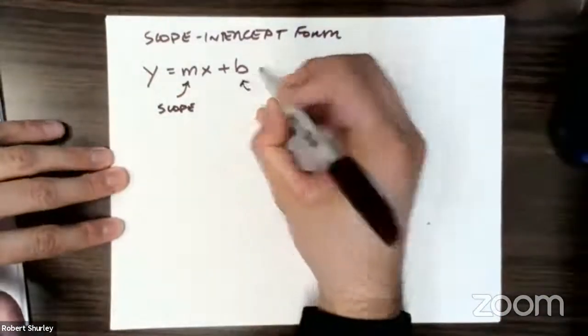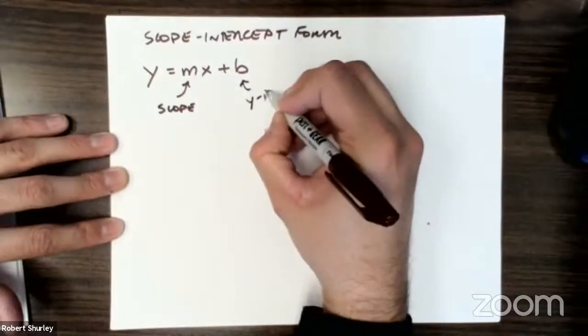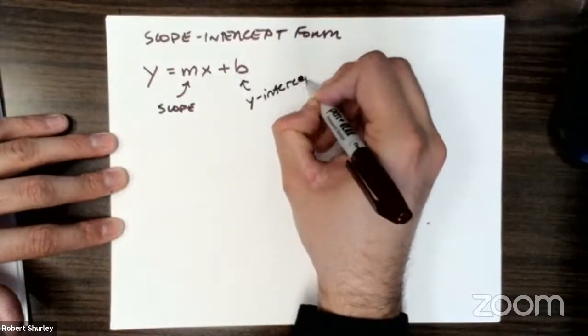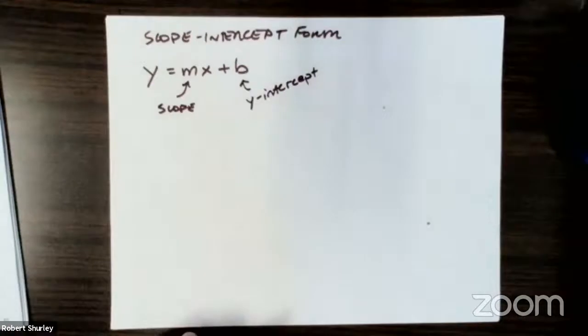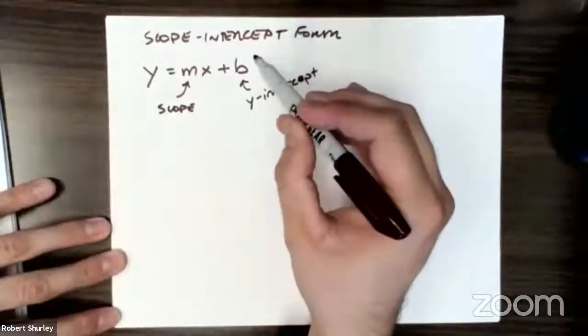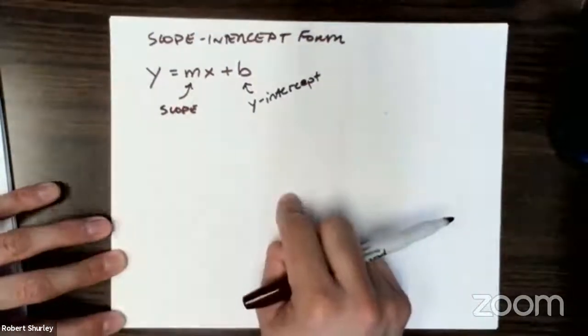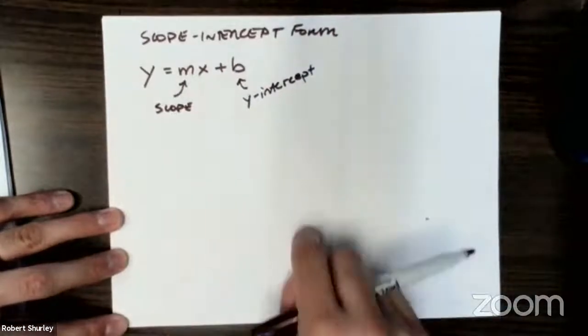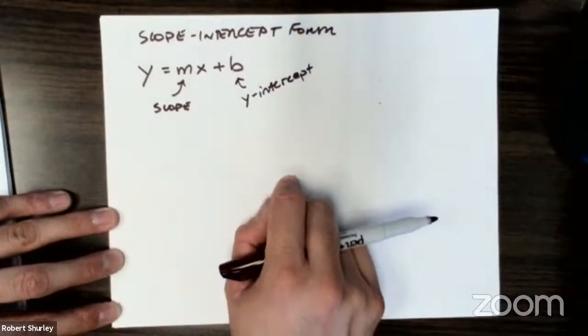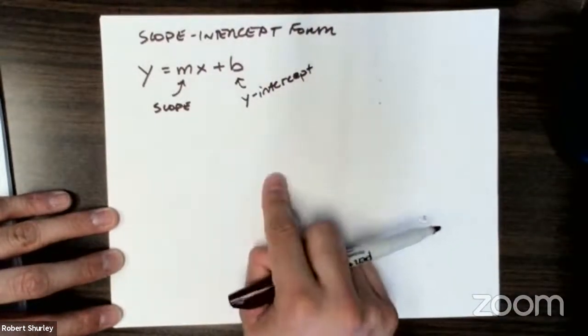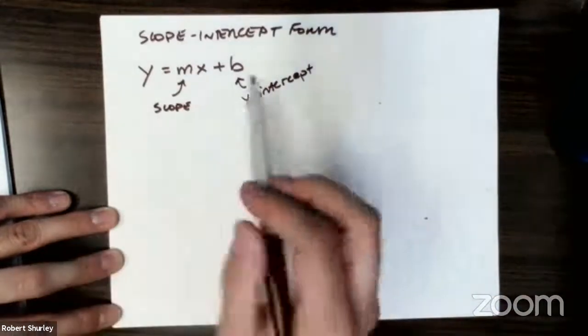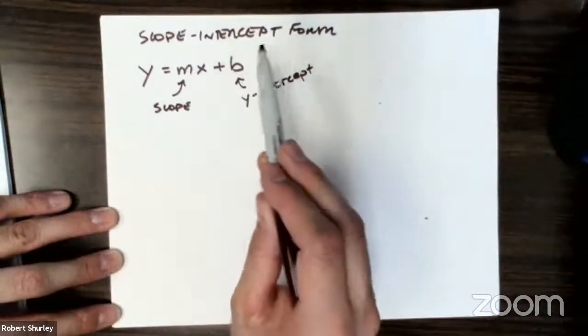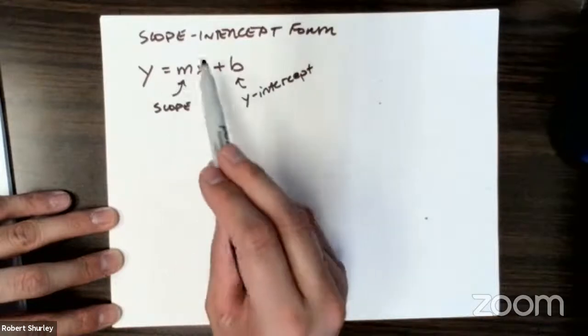And that b is actually our y-intercept. So the y-intercept tells us where to start, and the slope tells us where to go. Okay, the slope tells us how much I rise and how much I run, right? Or how much I rise down and how much I run. Okay, so the y-intercept tells us where to start. The slope tells us where to go.